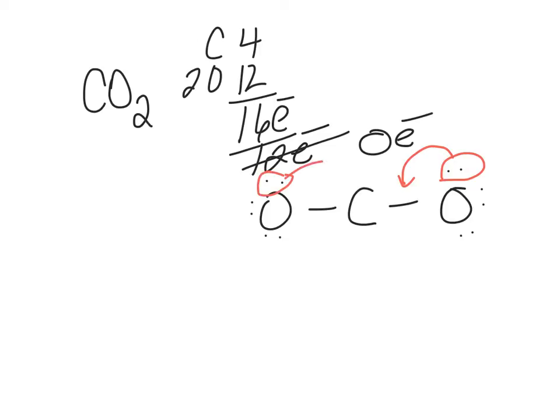If I do it on this side, it's going to make 8. So I have used a total of 2, 4, 6, 8, 10, 12, 14, 16 electrons. That's good. That's how many we had. Oxygen on the left, surrounded by 8. Oxygen on the right, surrounded by 8. Carbon in the middle, surrounded by 8.